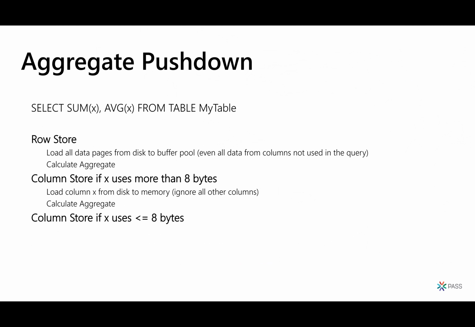If it's less than or equal to 8 bytes, the storage engine just returns the aggregate, and all the query has to do is add up or combine the results from the individual row groups. And that makes a big difference in processing large amounts of data.